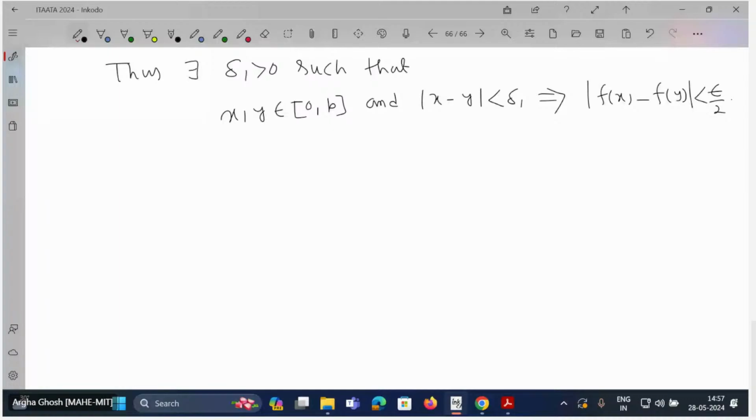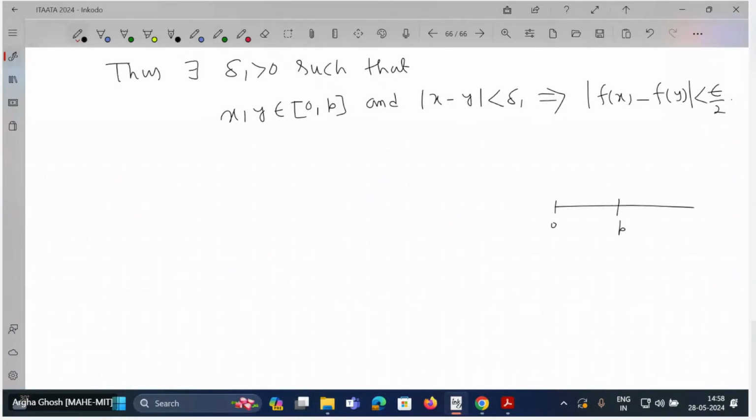Good. We have to use one more tool. Why we have to use another tool, we'll see later, but let's approach. Now let's say we have 2 points. We have 0 to p and p to infinity. If we have 2 points x and y whose distance is less than delta 1, then obviously |f(x) minus f(y)| will be less than epsilon by 2.